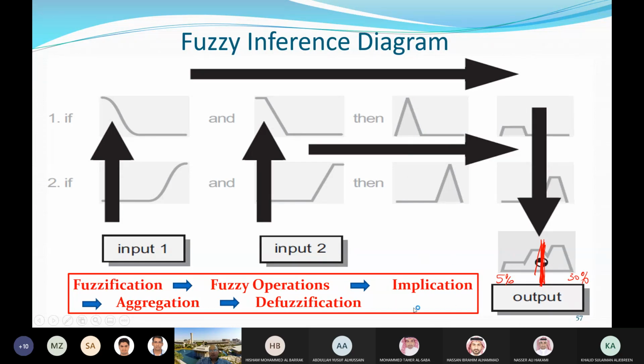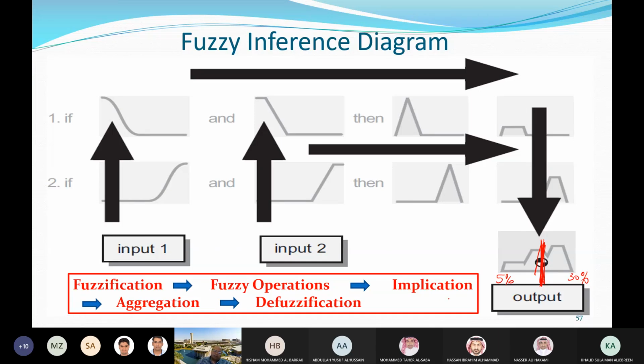If it is 0.5, then the consequent is 0.5. So this is the implication. And then you do aggregation. You aggregate all the outputs of the fired rules. And then you do defuzzification using any method that you have, centroid or weighted average or whatever.